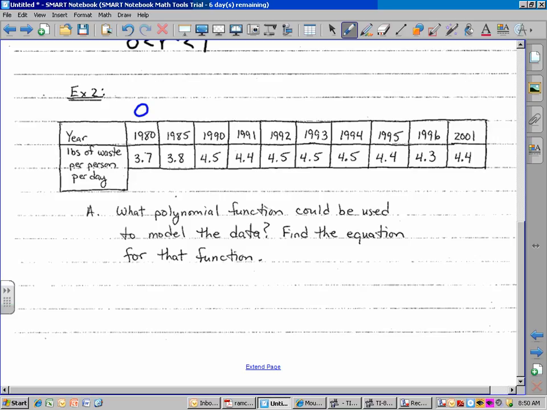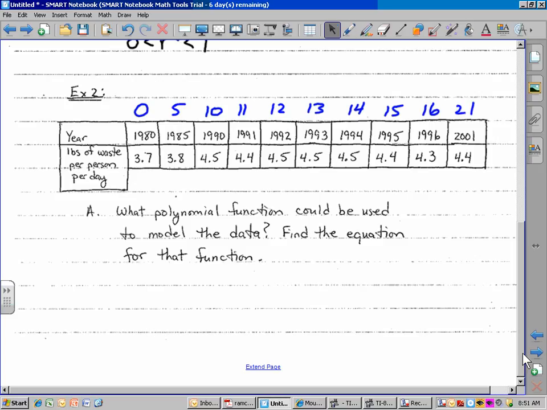Instead of 1980, like 1982, I would still say that 1980 would be our starting point. You need to pick a starting point. And then this would be 5, 10, 11, 12, 13, 14, 15, 16, and then this would be 21.